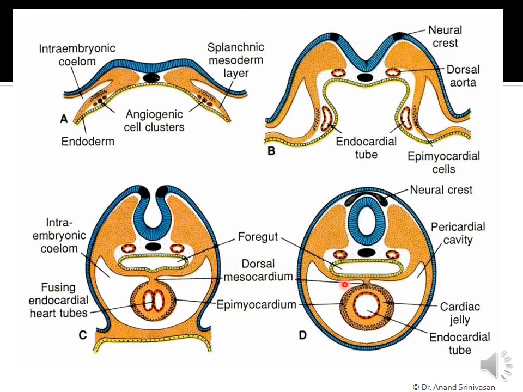This dorsal mesocardium later degenerates, forming the transverse pericardial sinus. The endocardial tube, which is lined by the endothelium, is ensheathed by the cardiac jelly, which comes from the extracellular matrix, and the outermost layer gets transformed to form the epicardium, or the visceral layer of the pericardium.